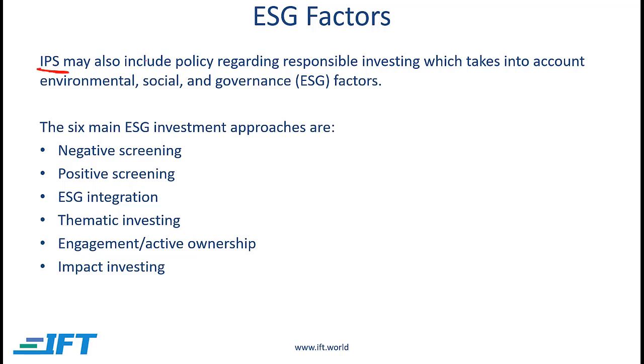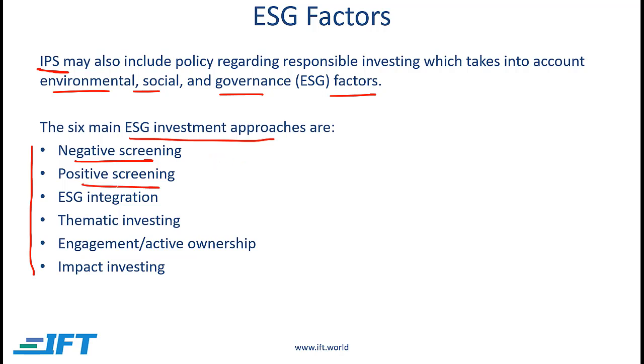The IPS may also include a policy regarding responsible investing, which takes into account environmental, social, and governance factors. There are some different ESG approaches which are shown here, and these could be highlighted in the IPS. One is negative screening. This means excluding certain companies or certain sectors on the basis of ESG criteria.